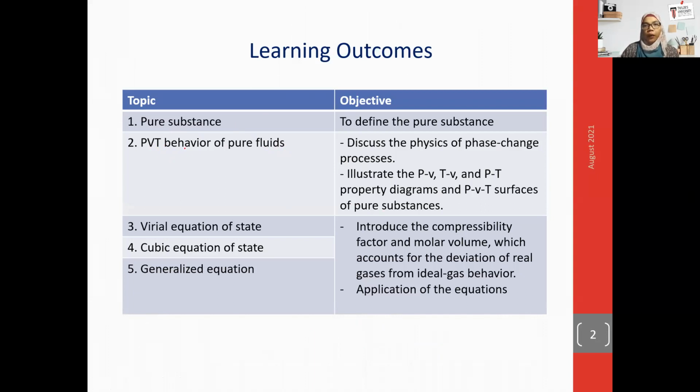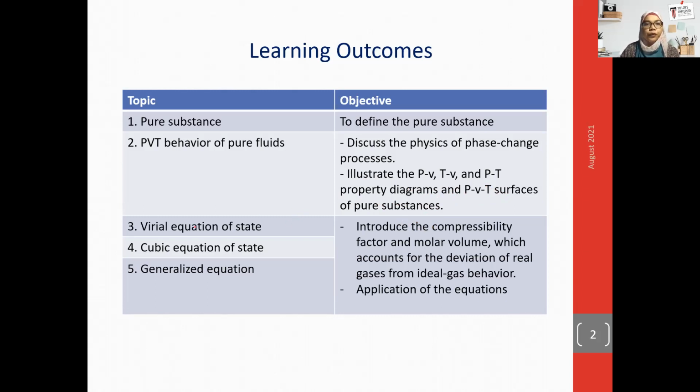For this topic, you should be able to discuss the physics of phase change processes, illustrate the PV, TV, and PT property diagrams, and discuss the PVT surfaces for pure substances. Normally, we cover the water substance.